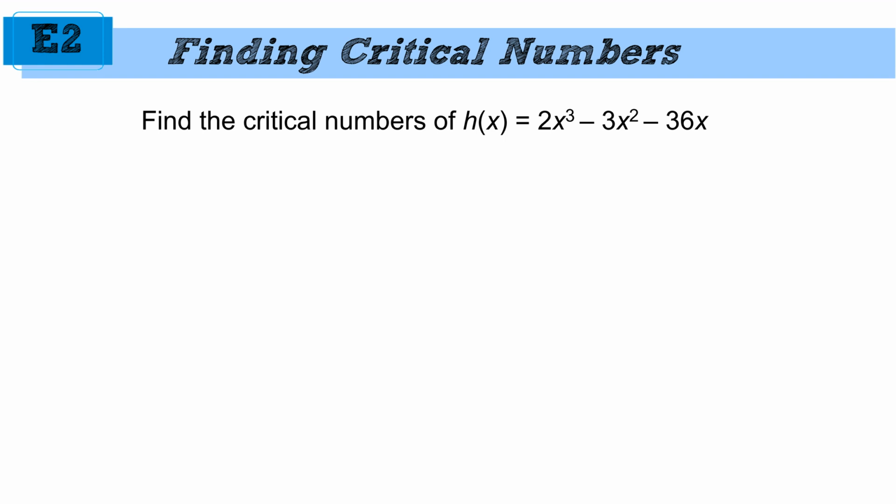Okay, so Nathan has proposed that this is a minimum at x equals 3. And to be honest, I don't know if he's right or wrong. But if it is a minimum, and I plug a number to the left of 3 into the derivative, let's say over here at x equals 2, what can you tell me about the sign of the derivative?